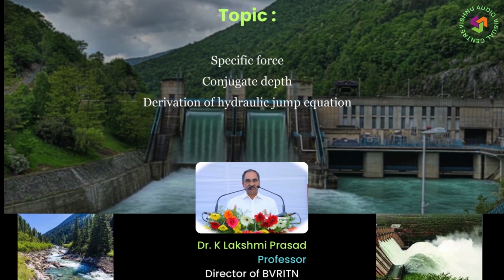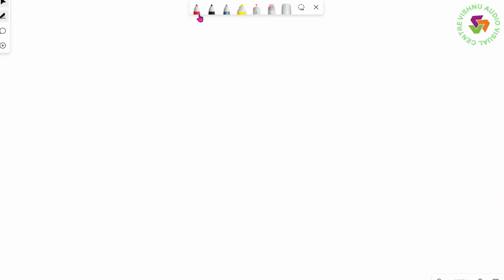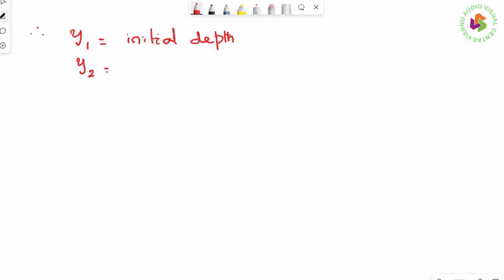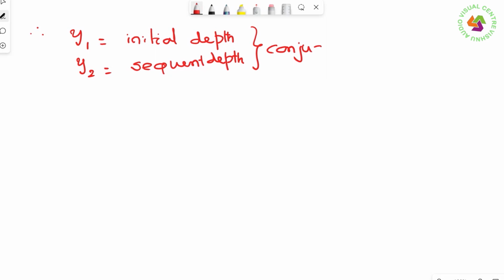So let us go into the first lecture, right? So therefore, y1 is called initial depth, y2 is called sequent depth. These two depths together are called conjugate depths.